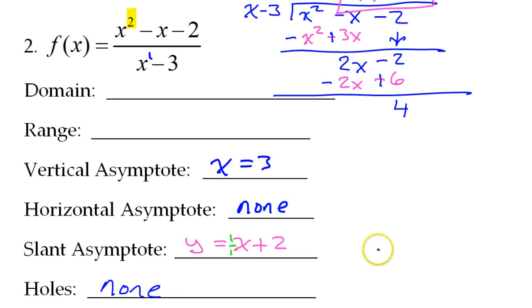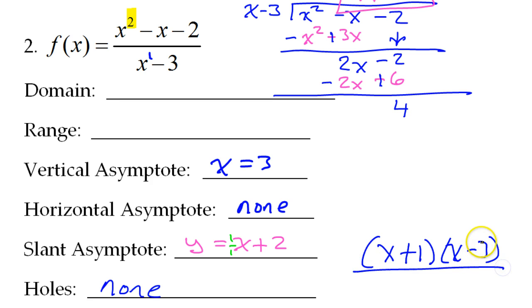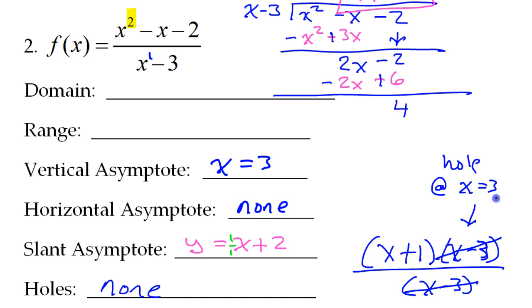Because holes happen when you have like x plus 1 times x minus 3 over x minus 3. When you have a factor that cancels out, then that would give me a hole at x equals 3. But that didn't happen on this problem. Even if this factors, it won't cancel out, so I'm not going to worry about it. So no holes.